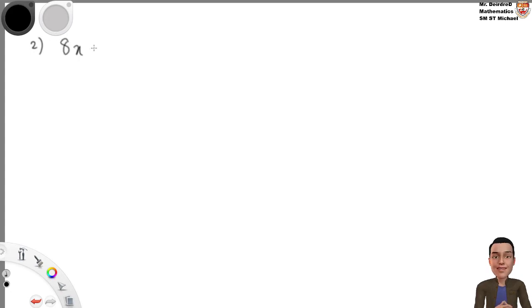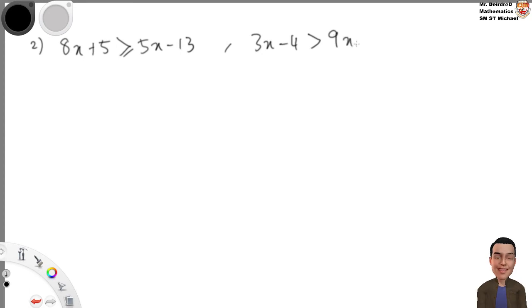x plus 5 greater than or equal to 5x minus 13, and another inequality is 3x minus 4 greater than 9x plus 20.